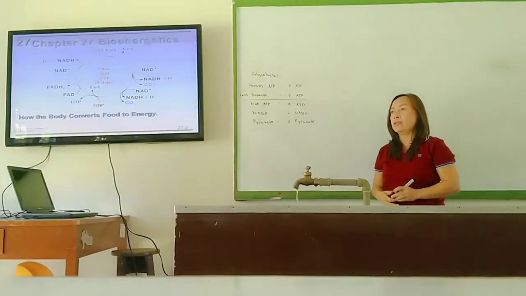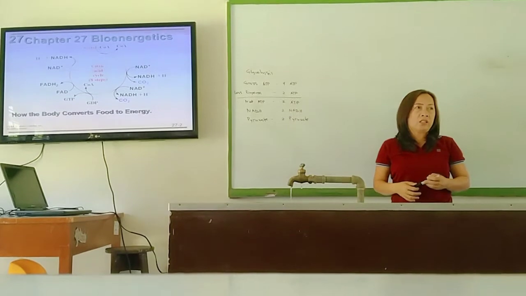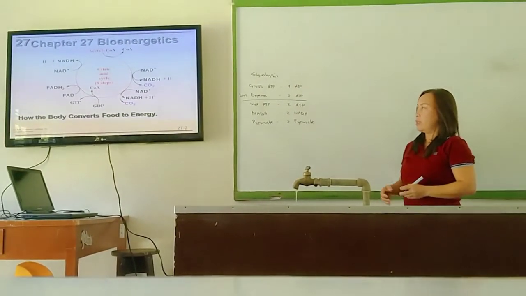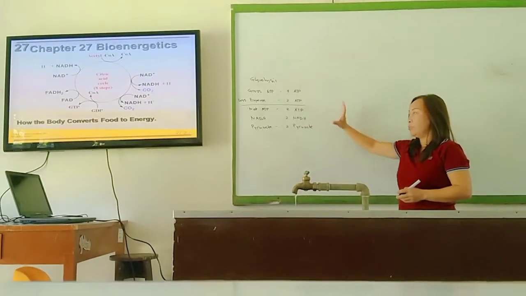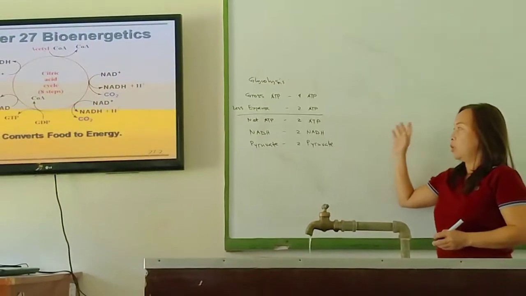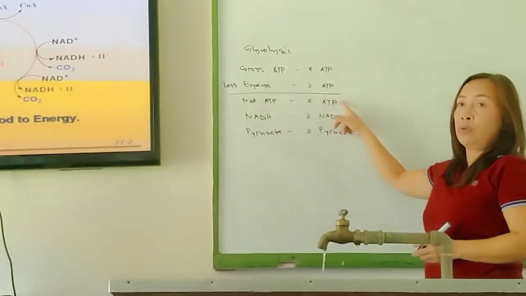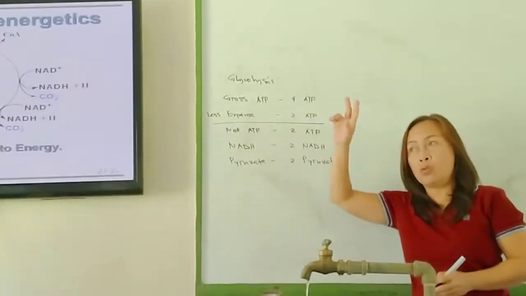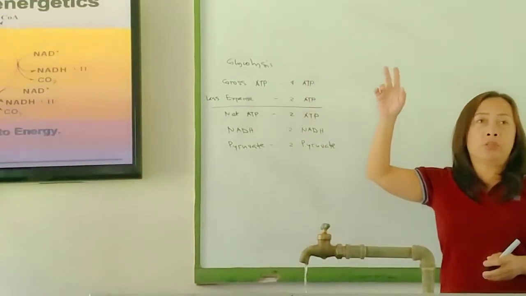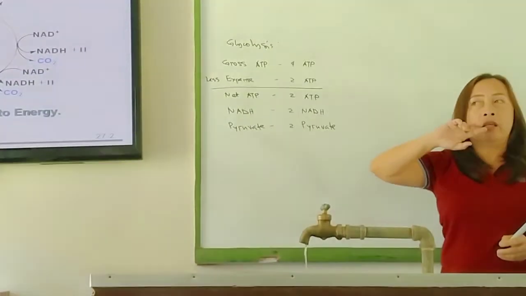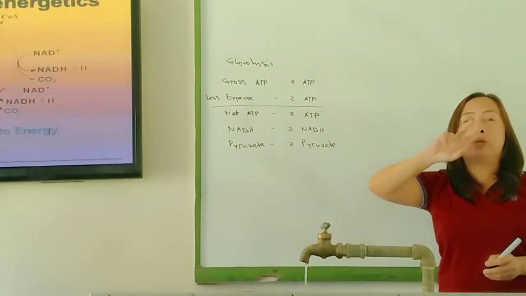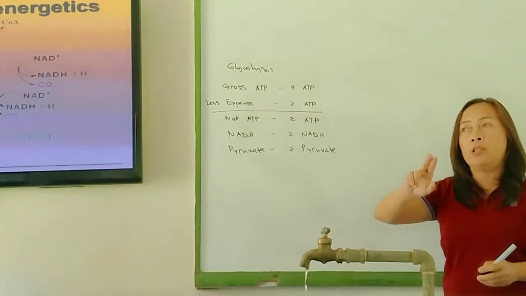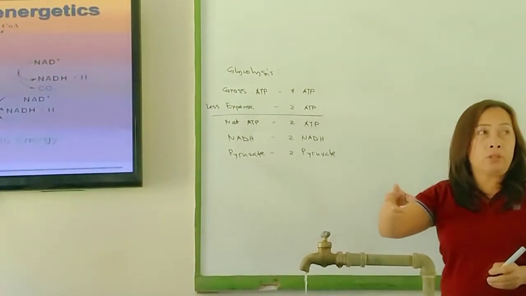We know that glucose is broken down to release these end products. ATP, which is already net, because we had 4 ATP as the gross ATP production in glycolysis, and 2 molecules of ATP were used up during the endergonic reaction.